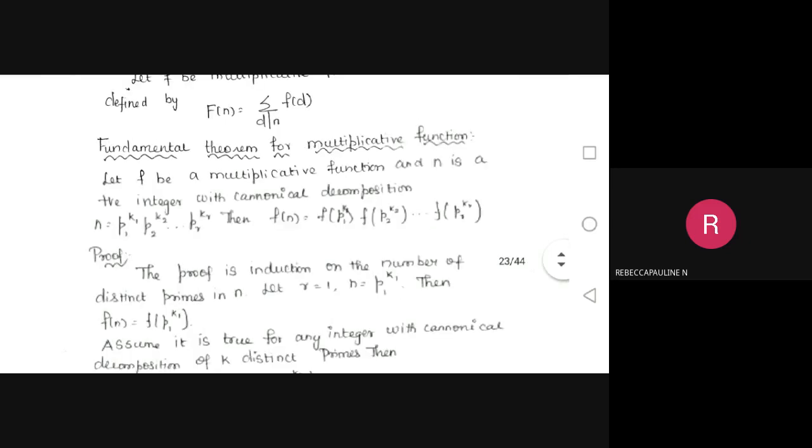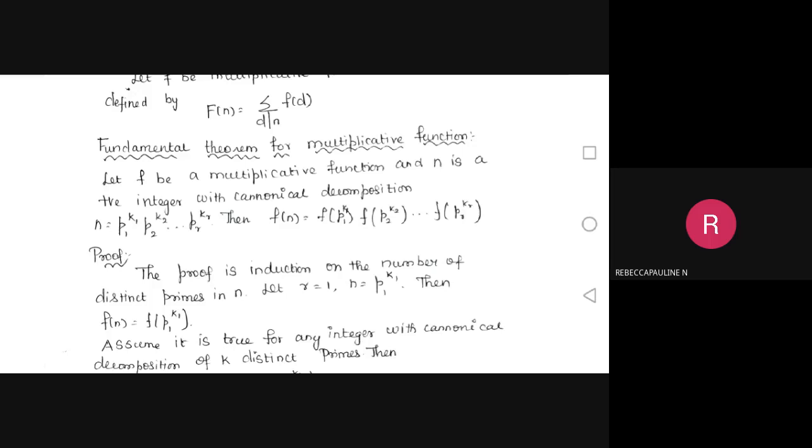During the last class, finally we discussed the fundamental theorem for multiplicative functions. Let f be a multiplicative function and n a positive integer with canonical decomposition. So n can be expressed as a product of primes, p1 power k1, p2 power k2, etc., pr power kr. Here p1, p2 and pr are distinct primes.